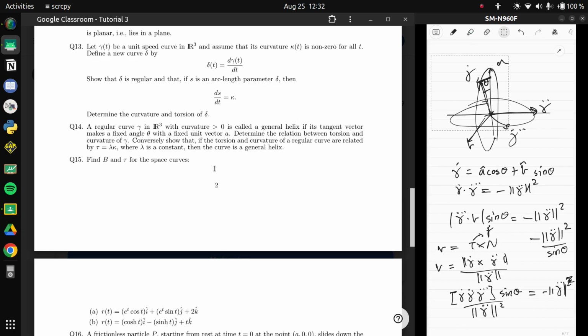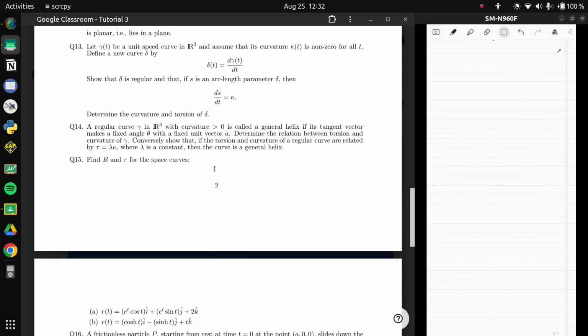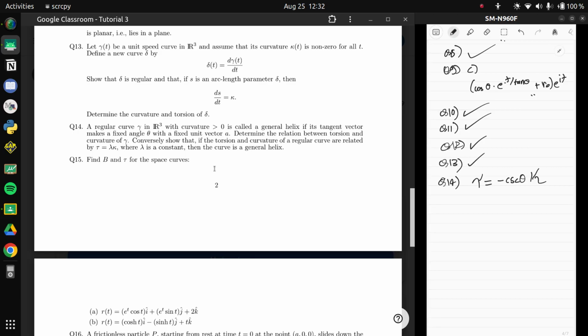Now the other question would be, what happens if these are related like this? If tau is equal to lambda kappa, then we want to show that the curve is in fact a general helix.